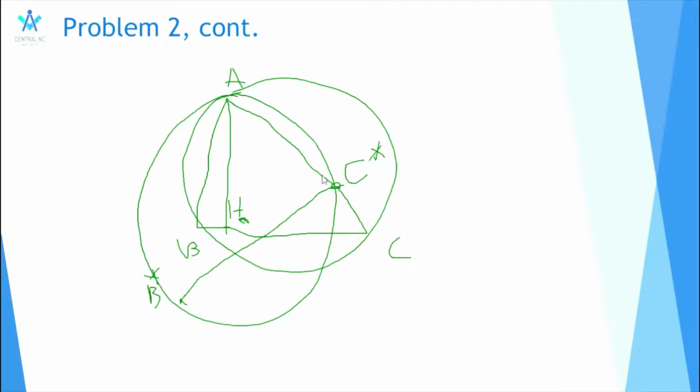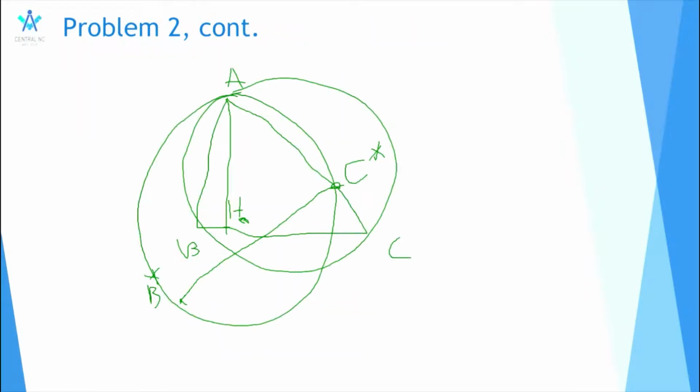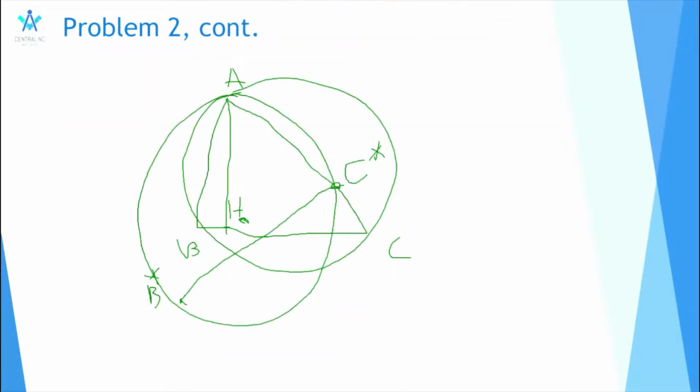Okay. Now, similarly, we want to know where V goes. So V is line AO intersect BC. So now V prime is going to lie on the circumcircle of A, B prime, C prime. In other words, it's going to lie here.